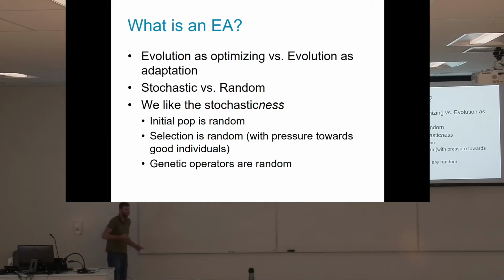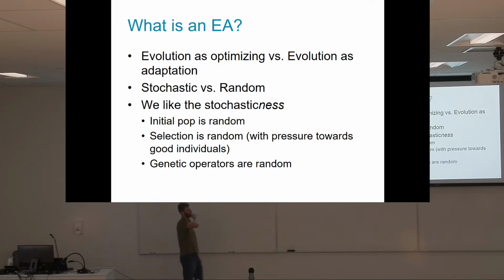Sometimes it's helpful to just think of it slightly differently, in that it's not so much optimizing. I mean, it is, but it is changing the population such that it's adapting to the requirements better. It is a very nuanced, subtle little difference that might mean nothing to you, but it might help some of you.